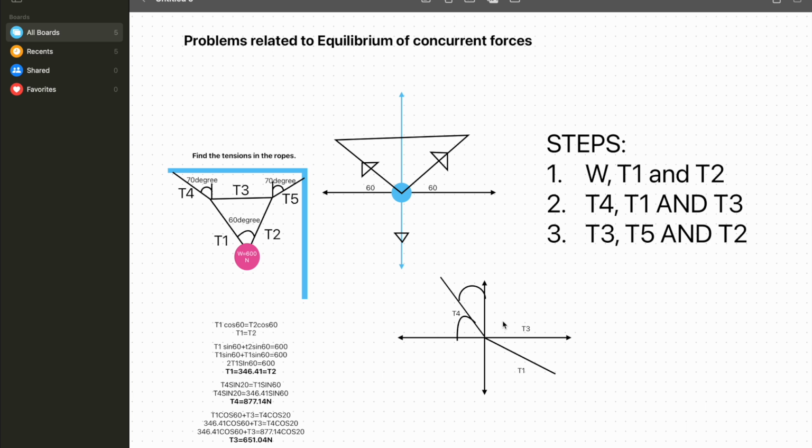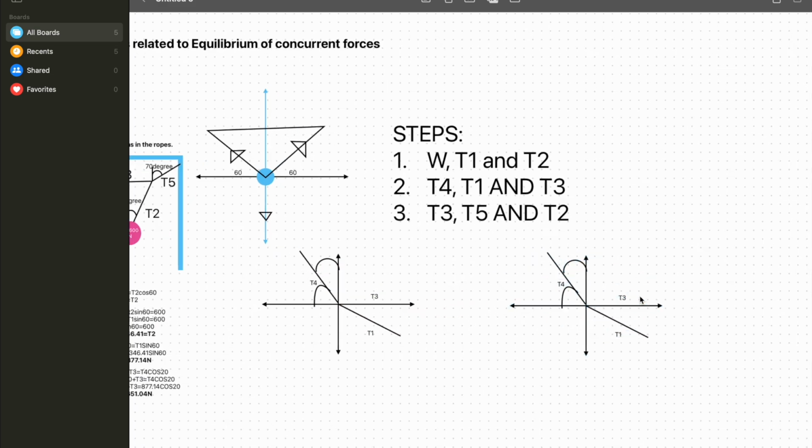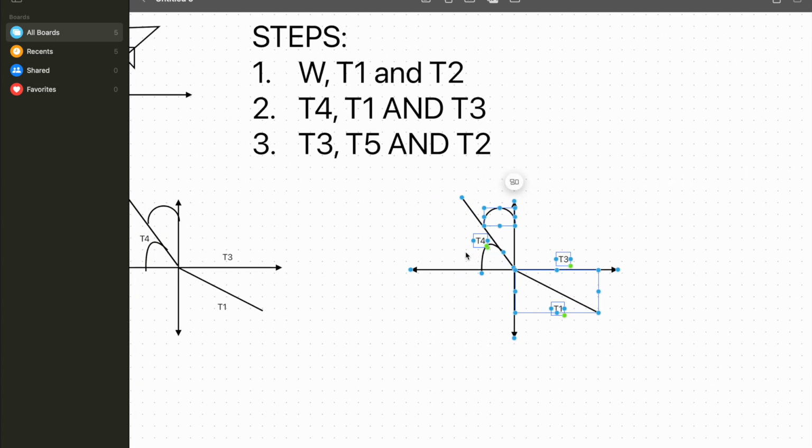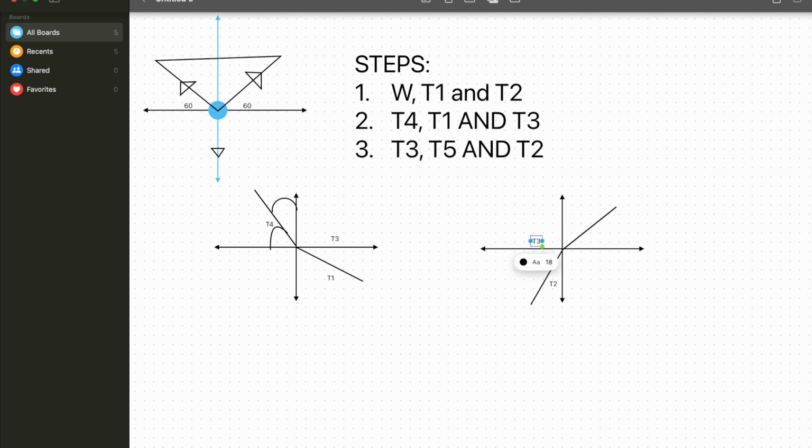So for the third free body diagram, to take the free body diagram here, there's T4, T2, T3 and T5.